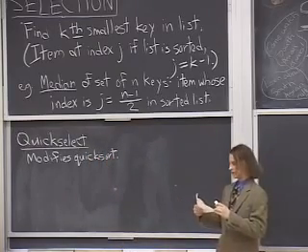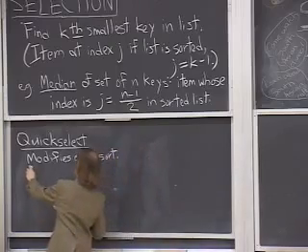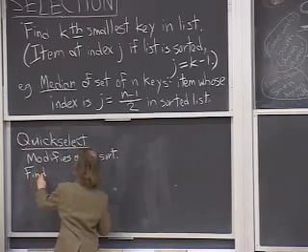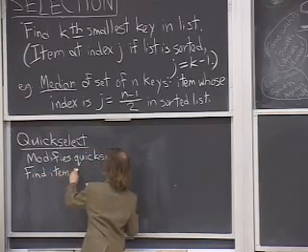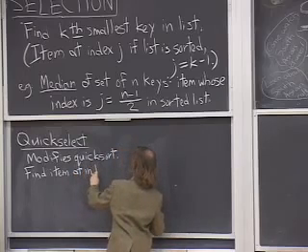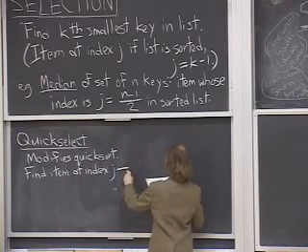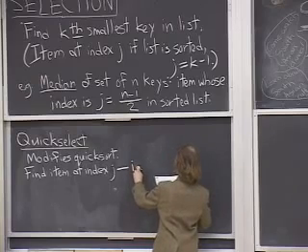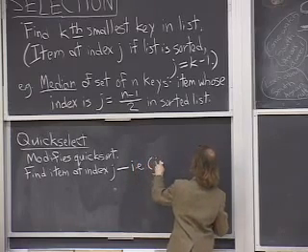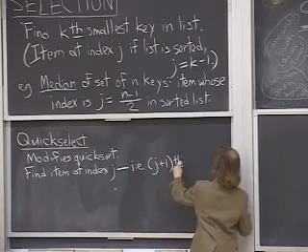So here's an algorithm that finds the item at index j, or the item that would be at index j if the list were sorted, but it's not. In other words, the j plus 1th smallest key.